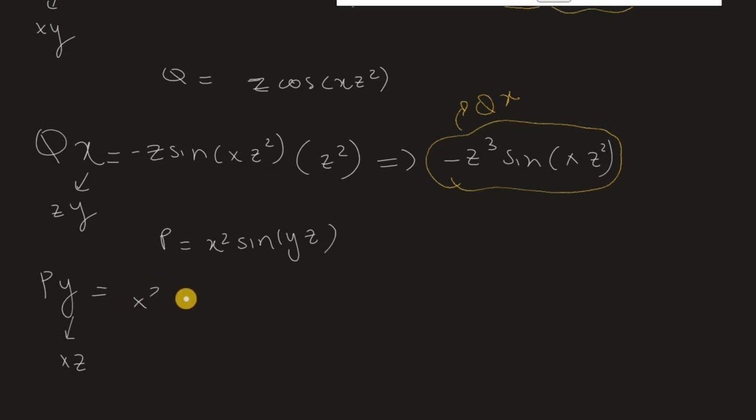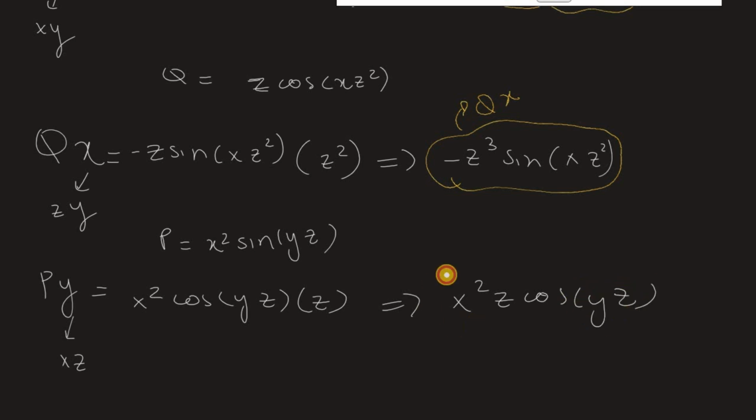So x is a constant, it's going to stay over there. Derivative of sine is cosine yz. And the derivative of y is 1, and z is a constant, it's going to stay over there. So we have x squared z cosine yz as the answer for py.